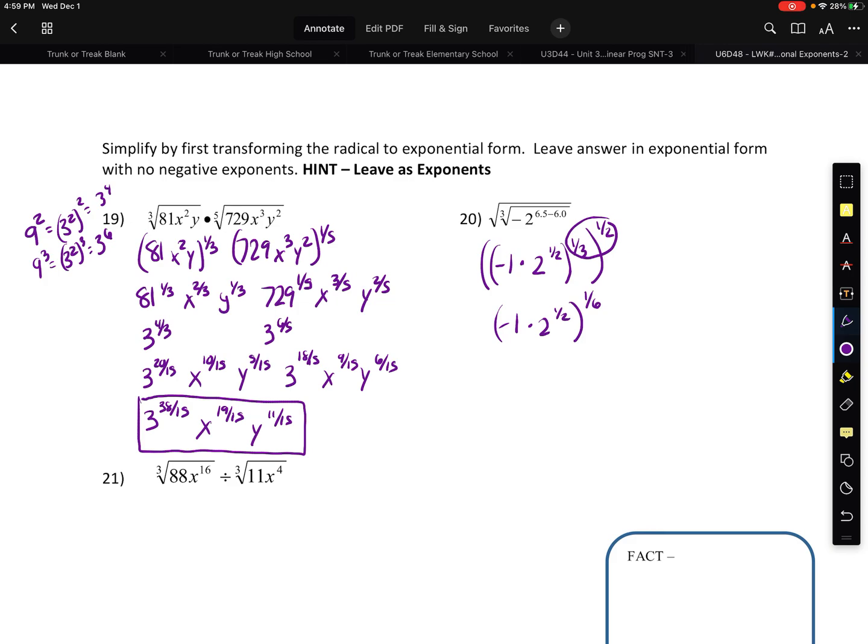So the fact that negative is stuck underneath there, this is a non-real answer. Right? Not able to fully simplify it because a negative stuck under an even root. Right? We could kind of distribute it if we wanted to. We'd have -1 to the 1/6. We'd have 2 to the 1/12. Which, all right, still didn't do anything because that is non-real.